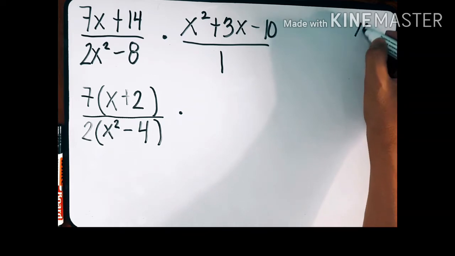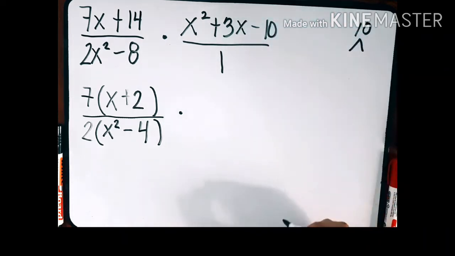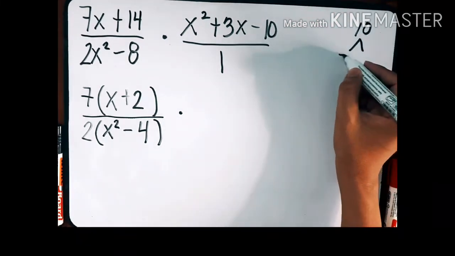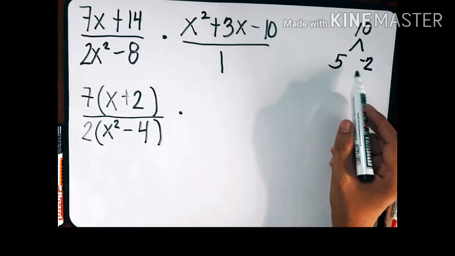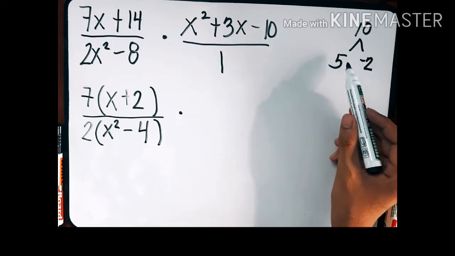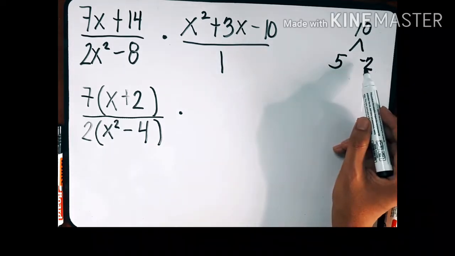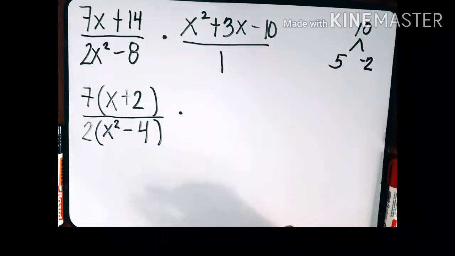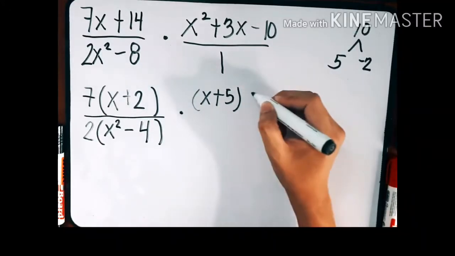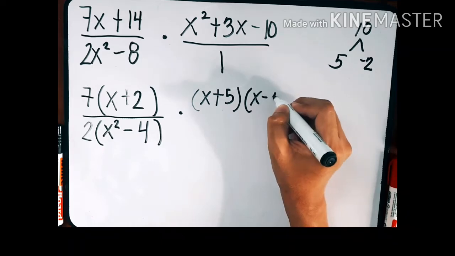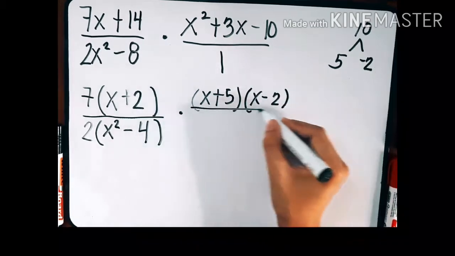So, 10, pwede nating i-multiply dito is 5 multiplied by negative 2. Since 5 multiplied by negative 2 is negative 10 and 5 plus negative 2 is positive 3. So, x plus 5 and x minus 2 over 1.